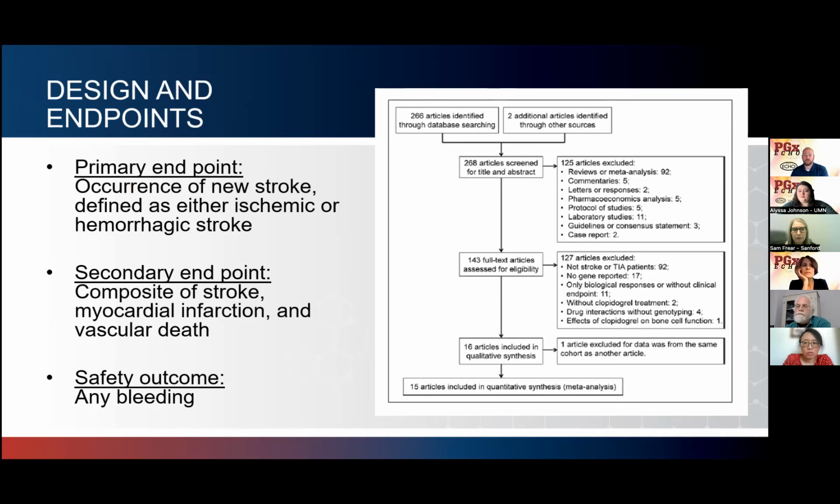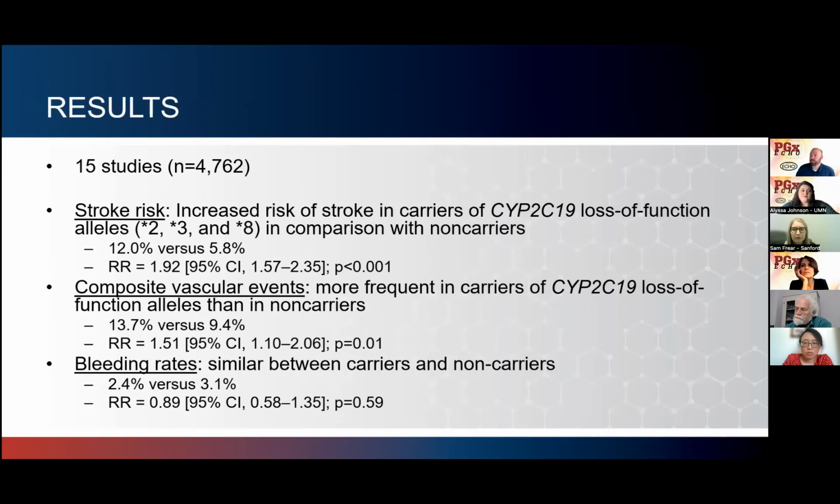And so then if you want to go to the next slide, overall, looking at a total of 15 studies there. So around 5,000 patients, and really just demonstrating similar findings to the data that we would expect, based off of that cardiovascular data, that we would have these patients with a loss of function 2C19.